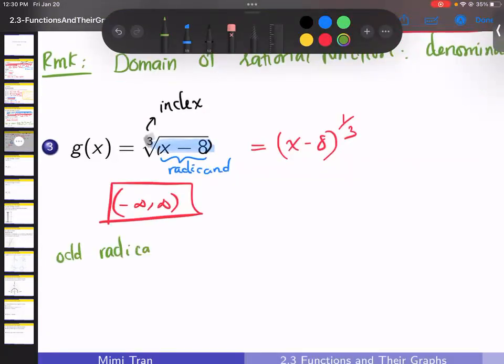Odd radical function has domain all real numbers.